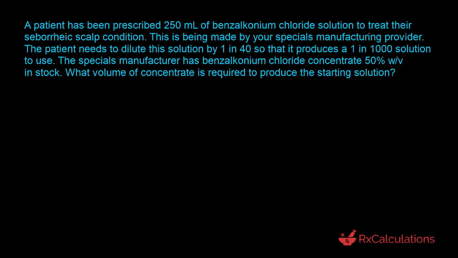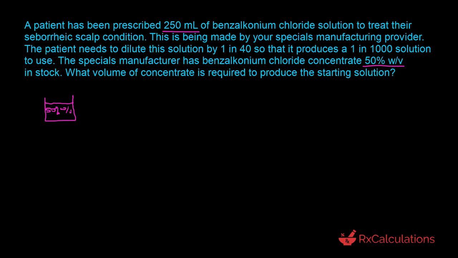So let's start off with a quick schematic to help unpack the question. The goal here is to prepare 250 milliliters of a starting solution using a concentrate which has a concentration of 50% weight by volume. Now, the way that would look is you have your concentrate, which is 50% weight by volume.